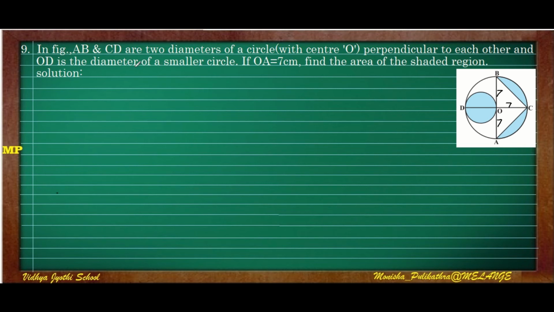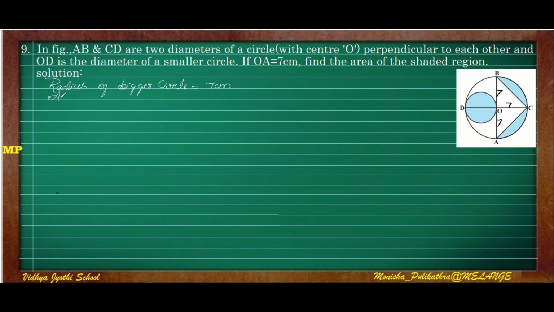In figure, AB and CD are two diameters. You can see that clearly. AB and CD are the two diameters, whereas the diameter is the center line, which is equal to 14 centimeter. Therefore, the radius is 7 centimeter each. So the radius of bigger circle is equal to 7 centimeter.